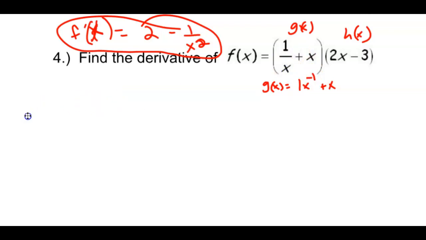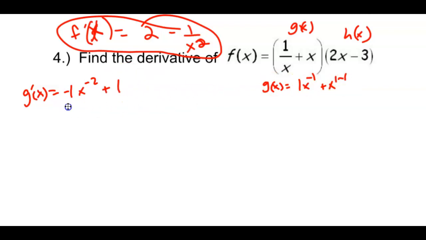So when I find the derivative of g, all this is rewriting this. Now I'm going to find a derivative of this. So negative 1 times 1 is negative 1 x to the negative 2. And the derivative of this, remember, 1 times the imaginary 1 that's out front right here, is 1. Because 1 minus 1, when you subtract, is 0.